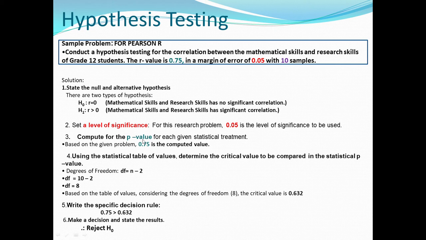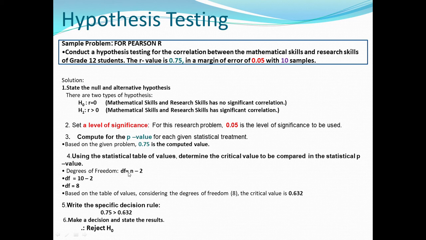So, tandaan ninyo, 0.75 yung ating computed value. Okay. But then, paano natin makukuha yung critical value na i-compare natin dito sa 0.75? So, mahahanap natin yon through looking for the degrees of freedom. Okay? For the degrees of freedom.